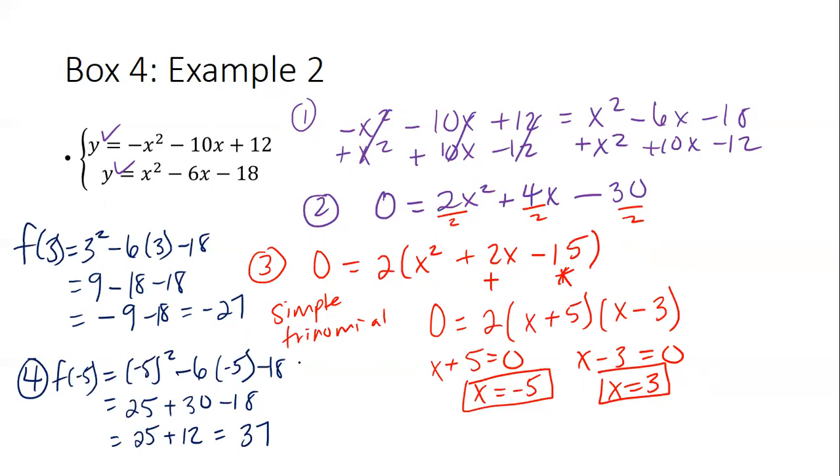So my two solutions, I'm going to write it here, is that okay? So my solutions are (-5, 37) and (3, -27).